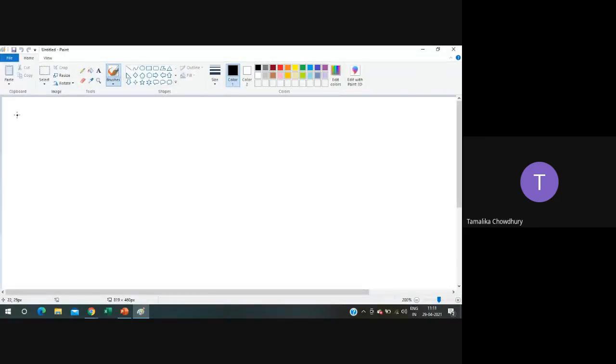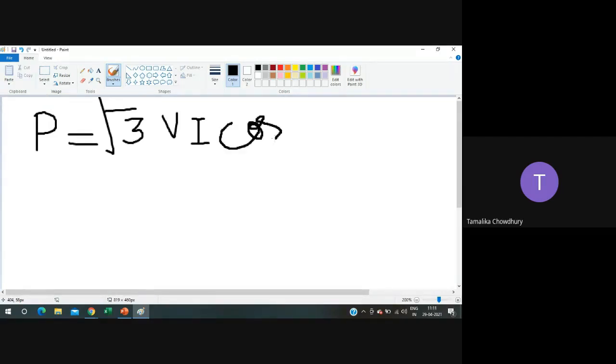So we all know this formula, the formula of power for three phase. Ignore my handwriting because I'm doing it with a mouse. This is known to everyone.